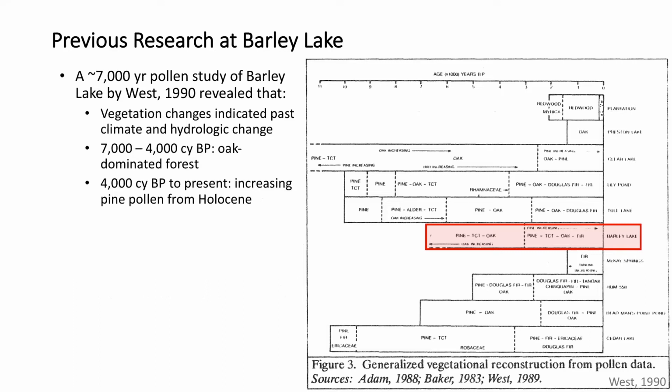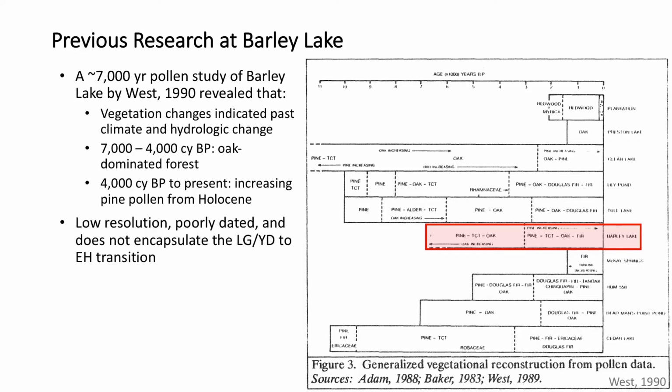And from 4,000 years to present, the records observed increasing pine assemblages. However, these earlier studies have low resolution, are poorly dated, and have limited temporal range. As a result, the paleoclimate conditions remain unclear at Barley Lake during the late Glacial to early Holocene.